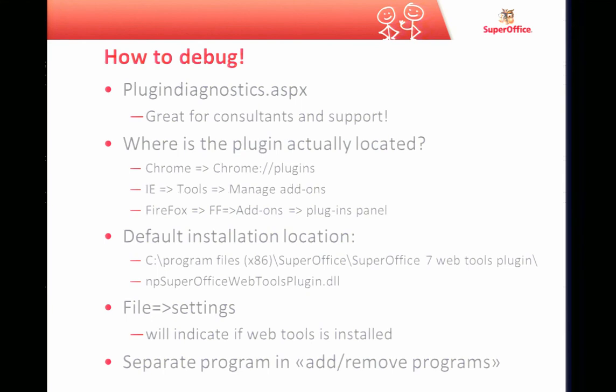The way to get the list of plugins in Chrome is by using the chrome://plugins command in the address line. In IE, you have to find them in the tools menu, and in Firefox, you have the Firefox menu and the add-ons and plugins panel. So it will be displayed as a normal ActiveX component or plugin in the browser.